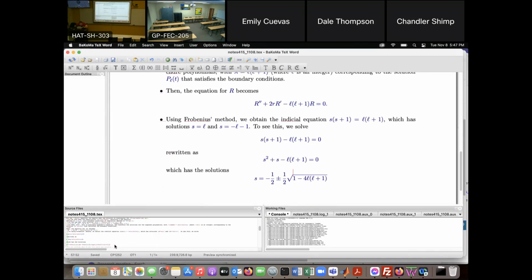But I'm curious as to why it works out so nicely algebraically. Oh, wait, that should be a plus, not a minus, minus 4ac.